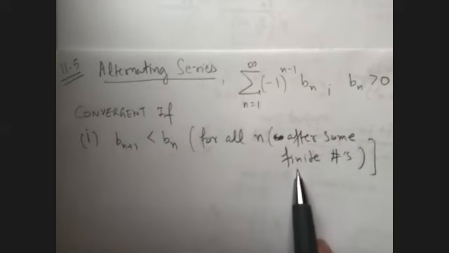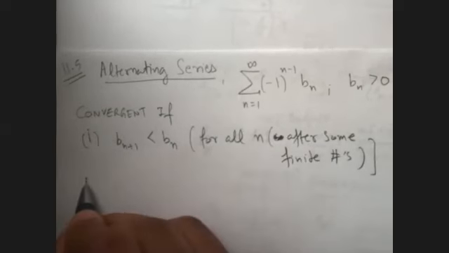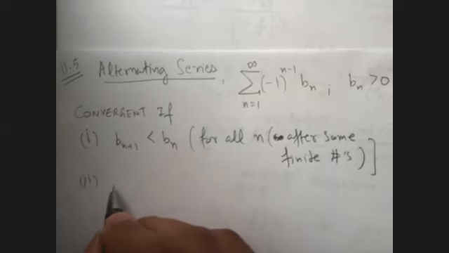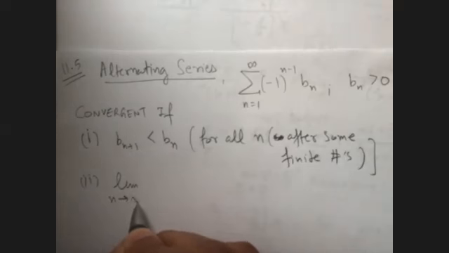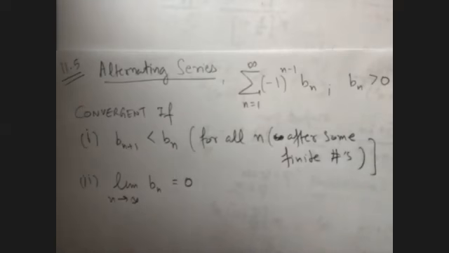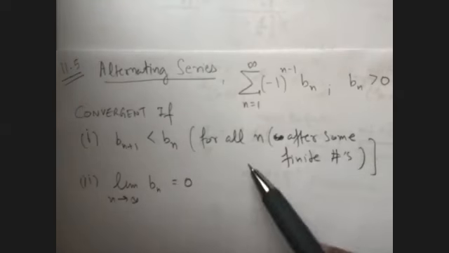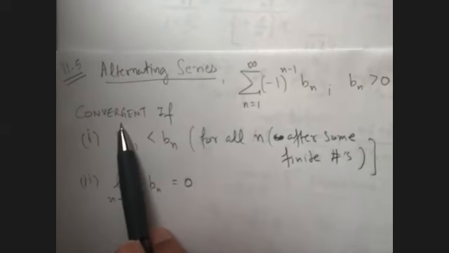But after a finite number, this should always be true. Then the second condition is the limit. So these two conditions should be true for this alternating series to be convergent.